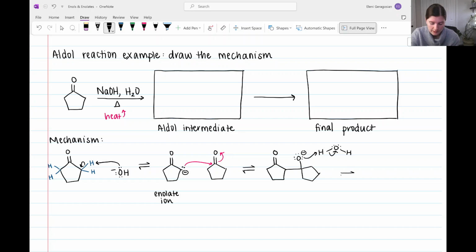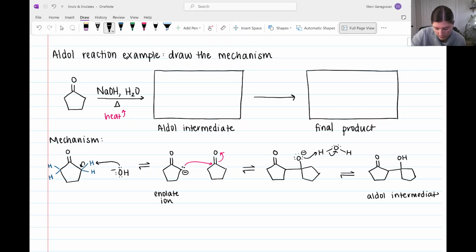So this last step is that proton transfer. To neutralize charges, we have ketone, we have an alcohol, and so this is the aldol intermediate. So the first couple of steps form this aldol intermediate.